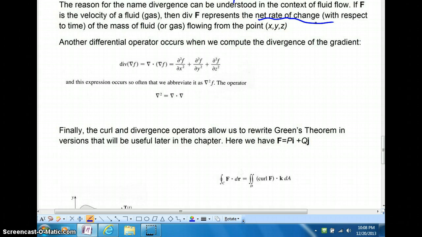Okay, so we also want to talk about another differential operator that can occur. What if we took the divergence of the gradient of f?